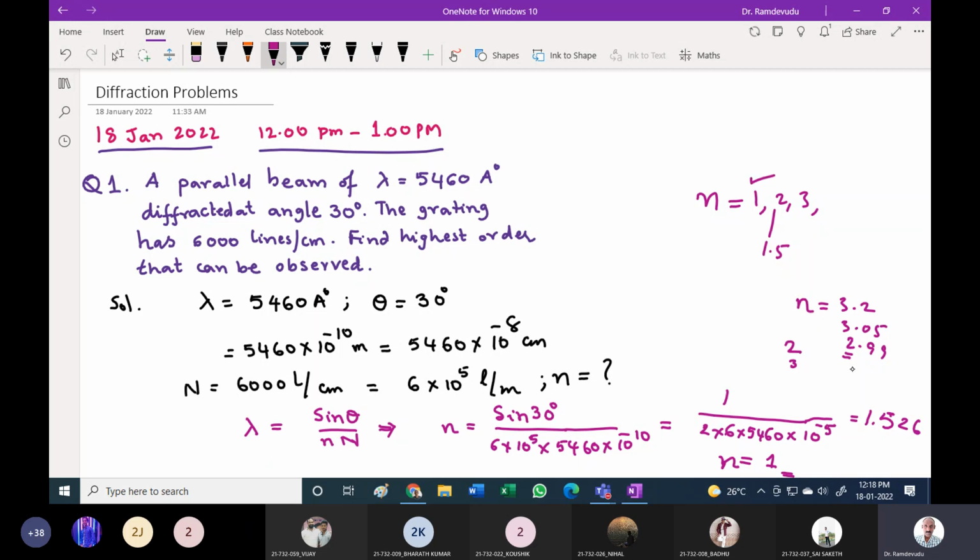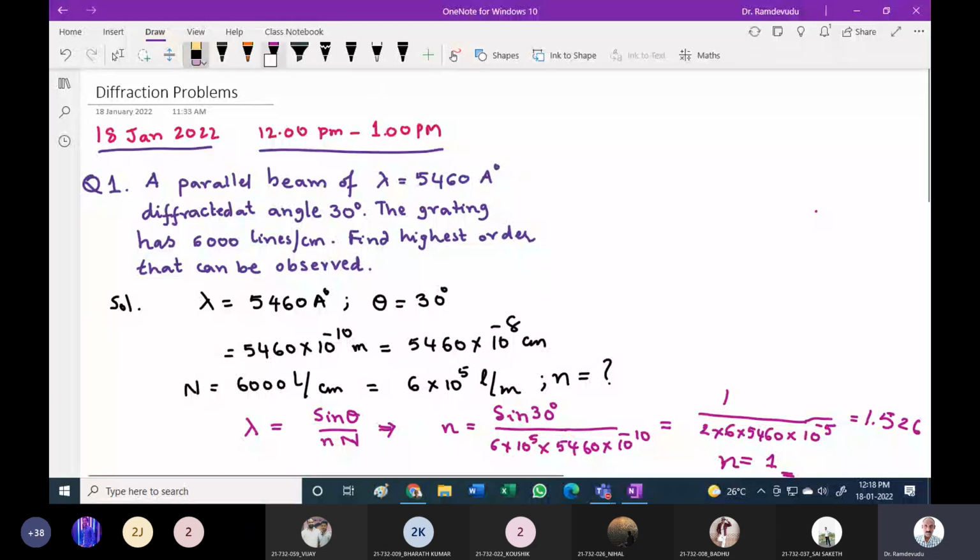Therefore, when doing such problems to find n, don't write the n value as 1.025 or something like this, because order is always an integer, a natural number: 2, 3, 4, 5. Therefore, the answer will be: the highest order you can see with this grating is only the first order. Only one order you can see.